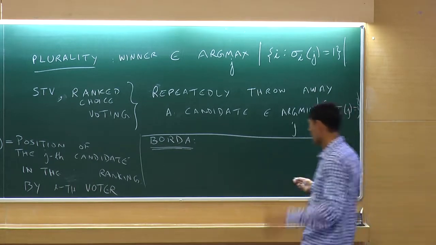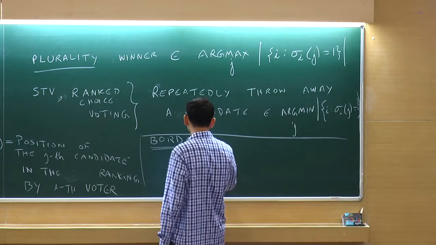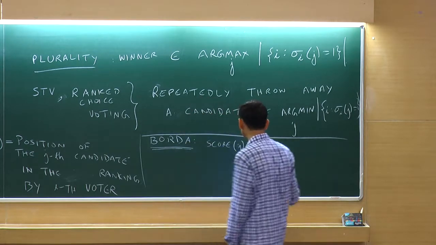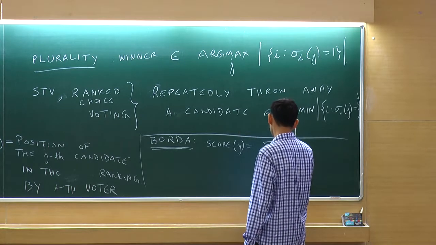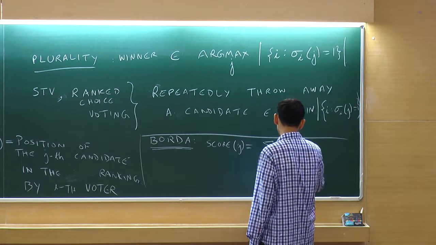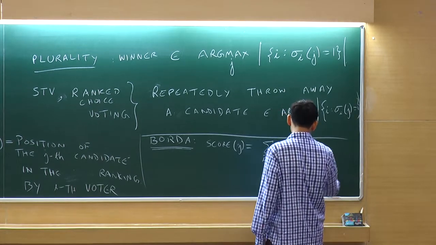In Borda you define a score of j as the sum over all i of m minus sigma ij.